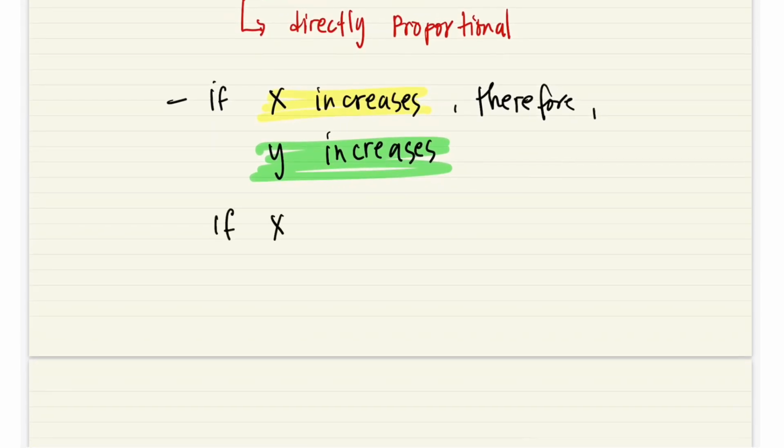If x decreases, therefore y also decreases.